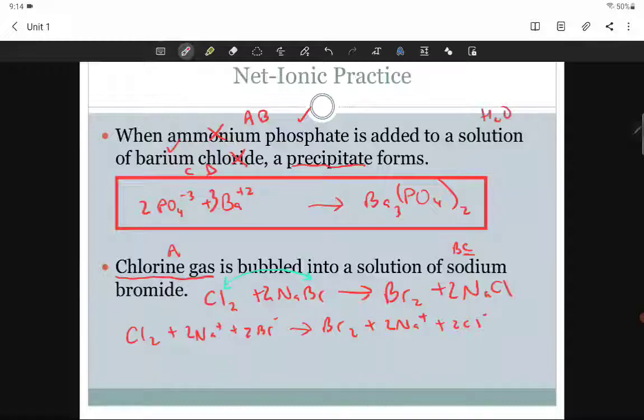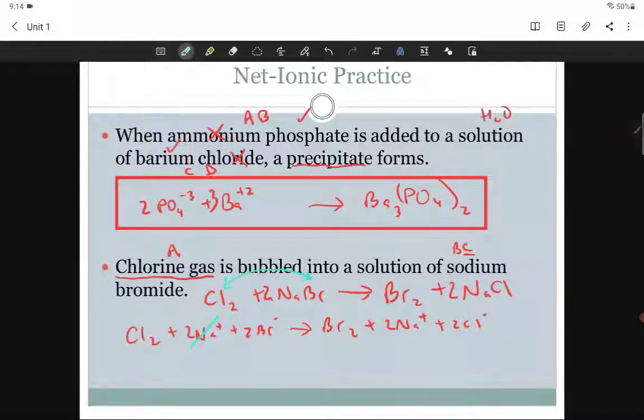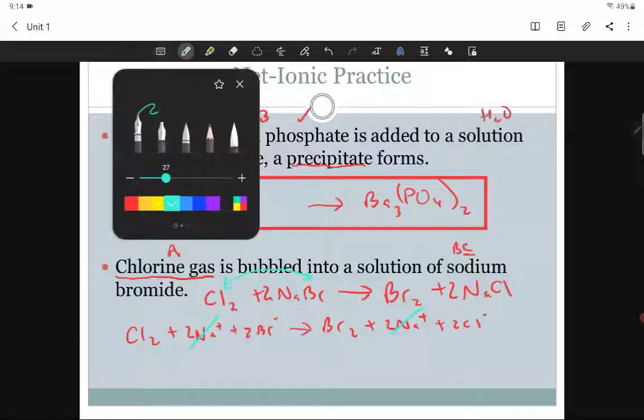And remember, I was telling you that I would like you guys to get away from that step that I just did as soon as possible. I'm just showing you this so we don't lose anybody. And then I'm going to cancel out anything that I see that's exactly the same on both sides. And that is the same on both sides. So now we can go and finish it up.